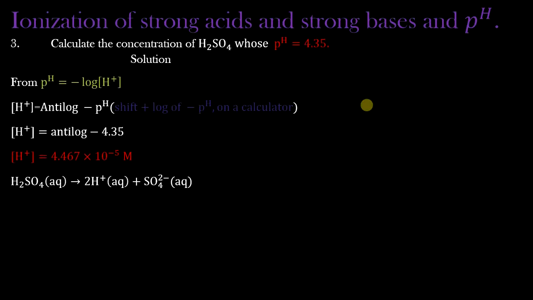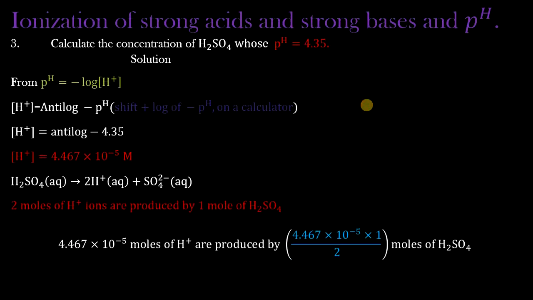Now this implies that the 4.467 exponent negative 5 moles of hydrogen ions are produced by half its mole of sulfuric acid, and we get the molar concentration of sulfuric acid as 2.3335 exponent negative 5 moles per decimeter cubed, and that is what the question actually wants.